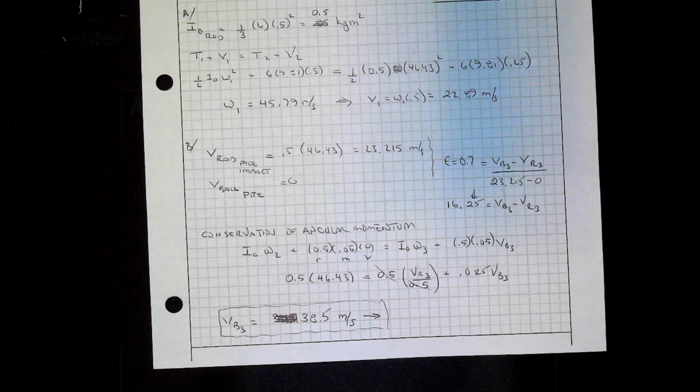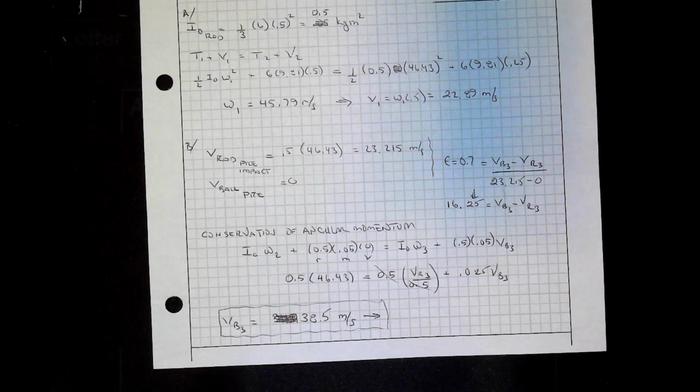So I'm taking ground to be my zero reference. And then when it hits here, it's going to be 1/2, and here we had 0.5 for IO. And here's the omega we want just prior to impact. And then when this drops, the center of gravity will go from 0.5 meters up to 0.25 meters up.